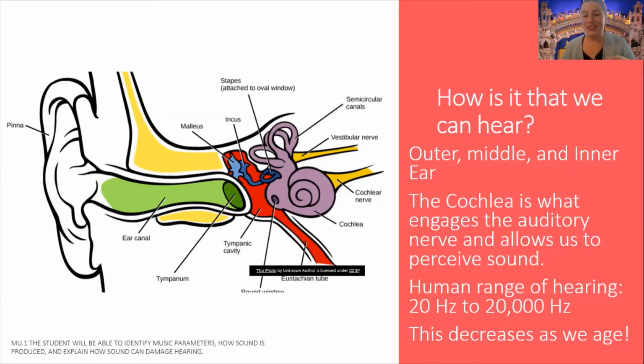The human range of hearing is about 20 hertz to 20,000 hertz. This goes down as we age. So when you are really little, you've got a really wide range of pitches that you can hear. The older you get, those higher pitches kind of fizzle out. This is part of natural aging, but this can be unnatural too.